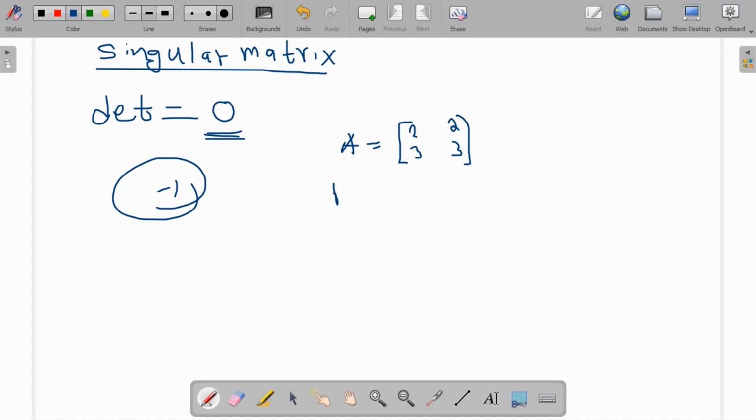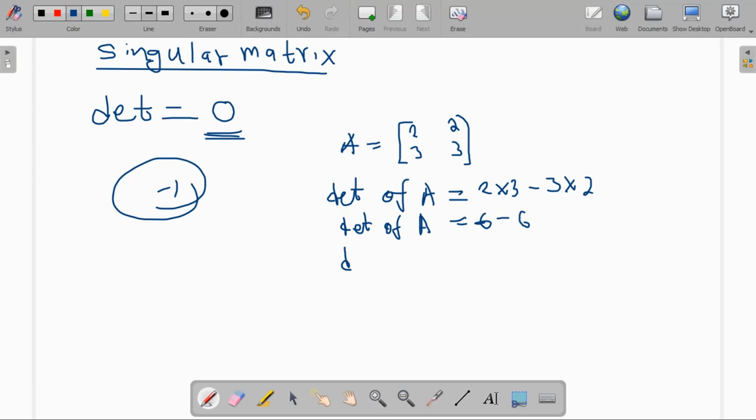The determinant of A is equal to the major diagonal take out the minor diagonal, so 2 times 3 minus 3 multiplied by 2. 2 times 3 gives us 6, take away 2 times 3, which gives us 6.